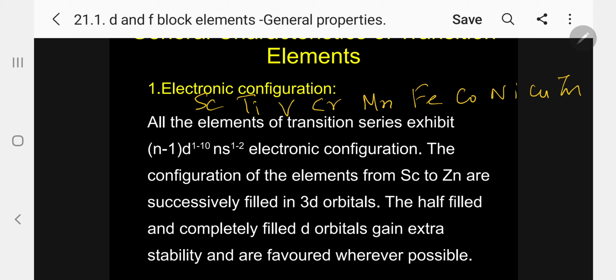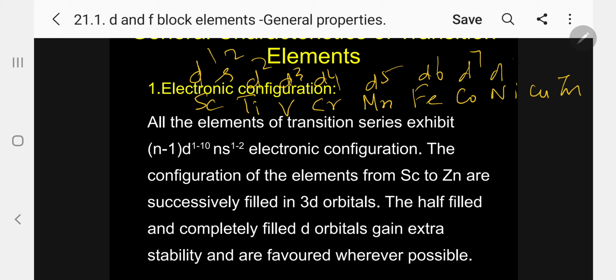So what is the electronic configuration here? d1, s2. Let me leave s2 aside because I will say d1, d2, d3, d4, d5, d6, d7, d8, d9, d10.